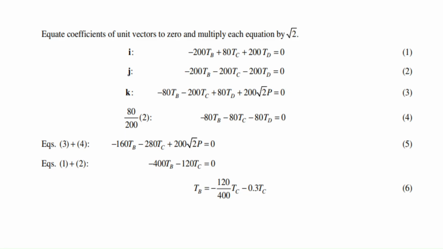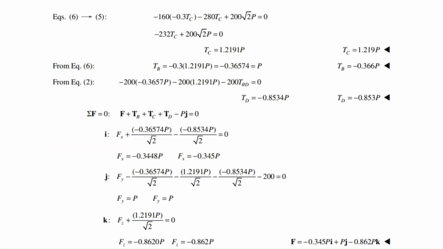Equate coefficients of unit vectors to 0 and multiply each equation by root 2. Equations 6 and 5 give us the tension T_C. Equation 6 gives us T_B. Equation 2 gives us T_D. All tensions are obtained in terms of P.